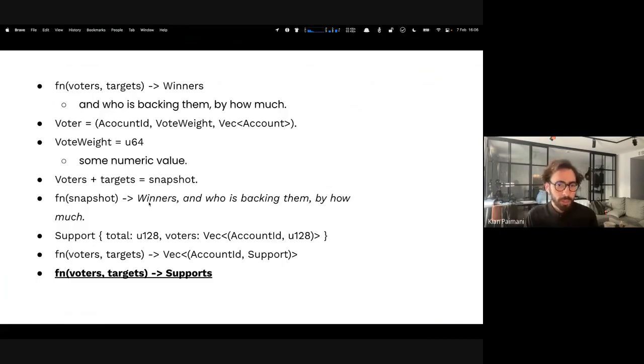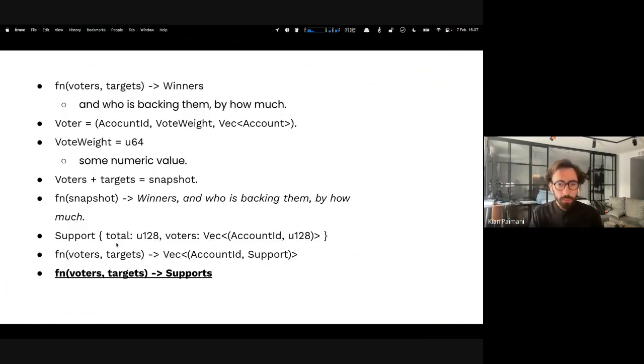Let's also break down this term winners a little bit further. Each winner is specified by the amount of support that it's receiving, so a total amount of support, and a number of individuals who are backing them. Let's say I'm a validator and 5 nominators are backing me, and each of them is backing me by 10 units of vote weight.